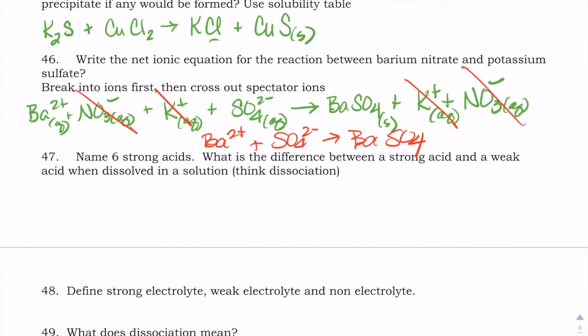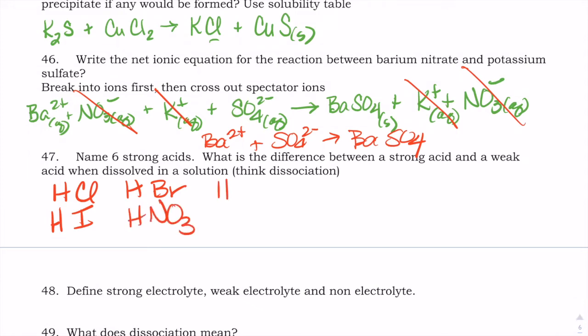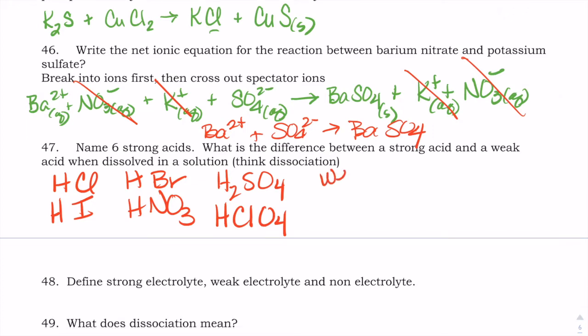6 strong acids. The 6 strong acids: hydrochloric acid, hydroiodic acid, hydrobromic acid, nitric acid, sulfuric acid, and perchloric acid. All of these will dissociate when you dissolve them. Weak acids do not dissociate.